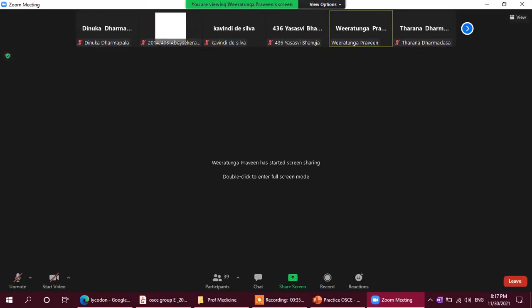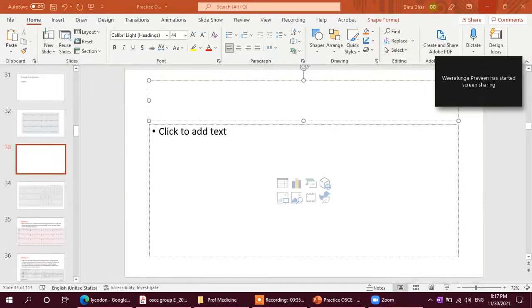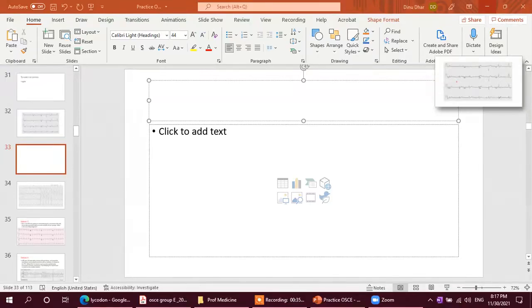In other words, P waves come independently, the QRS complex comes independently. And if you take the P to P to P to P intervals, that is the same.